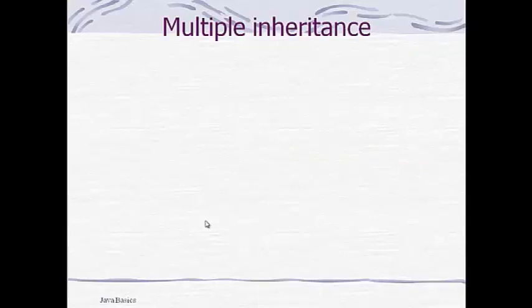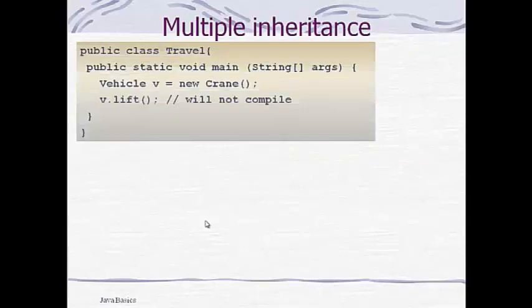Multiple inheritance. We have created an object of Crane, which is again a child of Vehicle, and we are trying to call the method lift, but the problem is the Vehicle does not have a method called lift.